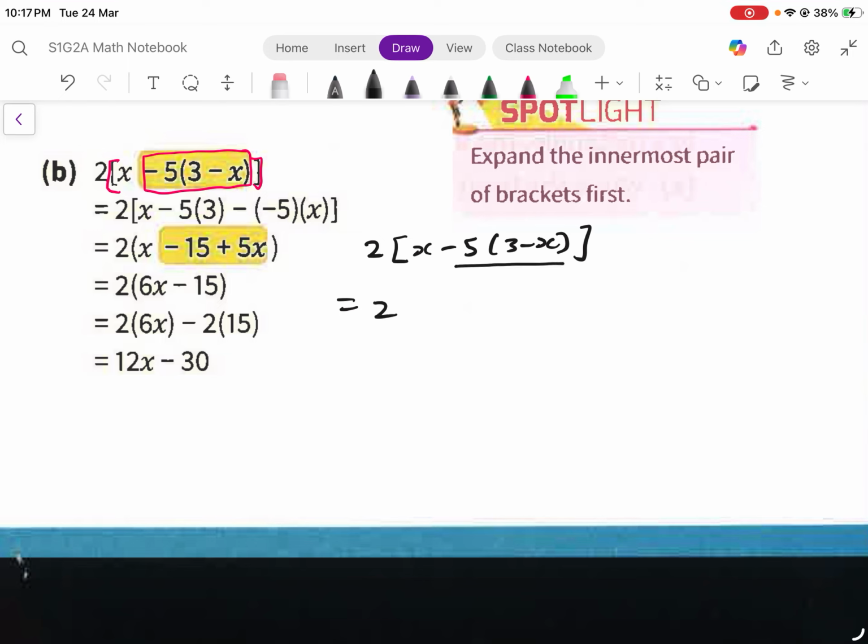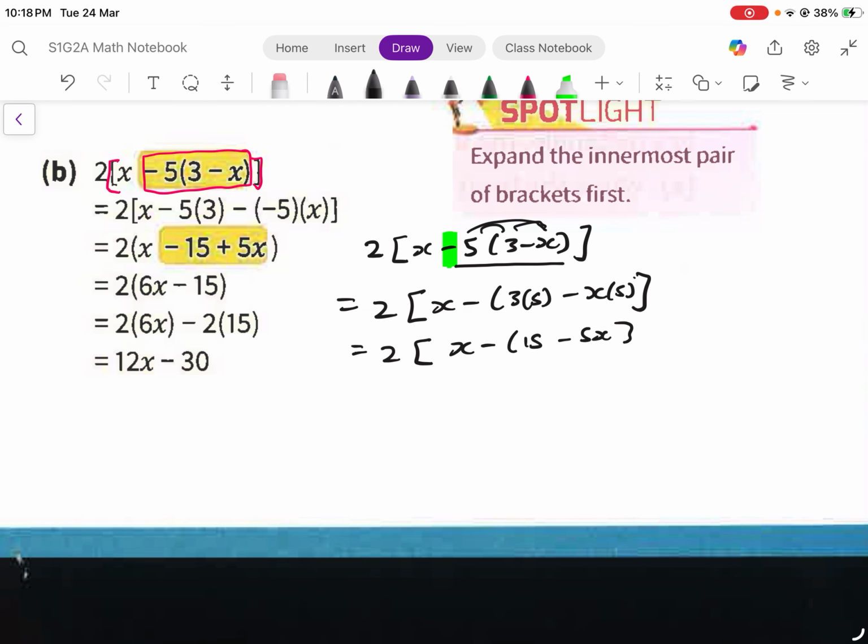But do take note that the minus sign outside will go and change the sign of the two terms inside. Right, so one thing you can do is multiply the 5 in first if you're confused. So multiply the 5 in first. So you get 3 times 5, minus x times 5. So 2 bracket x minus 15 minus 5x.